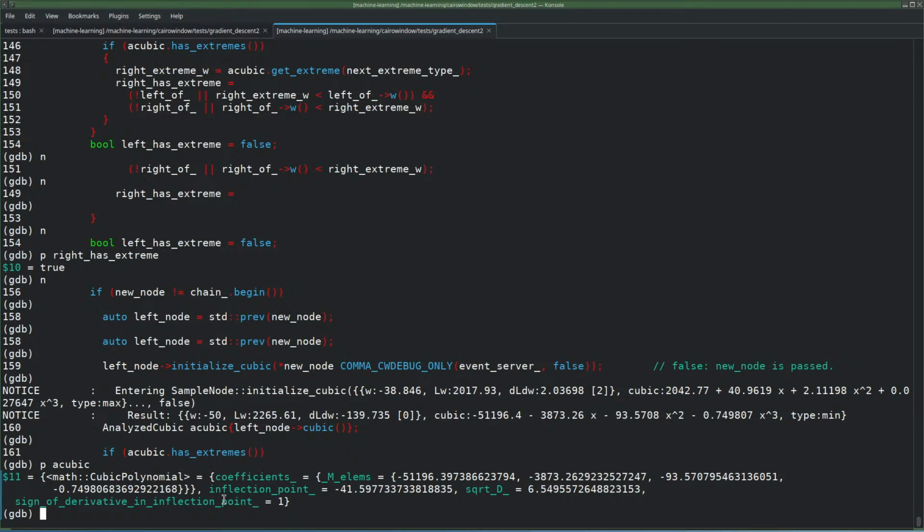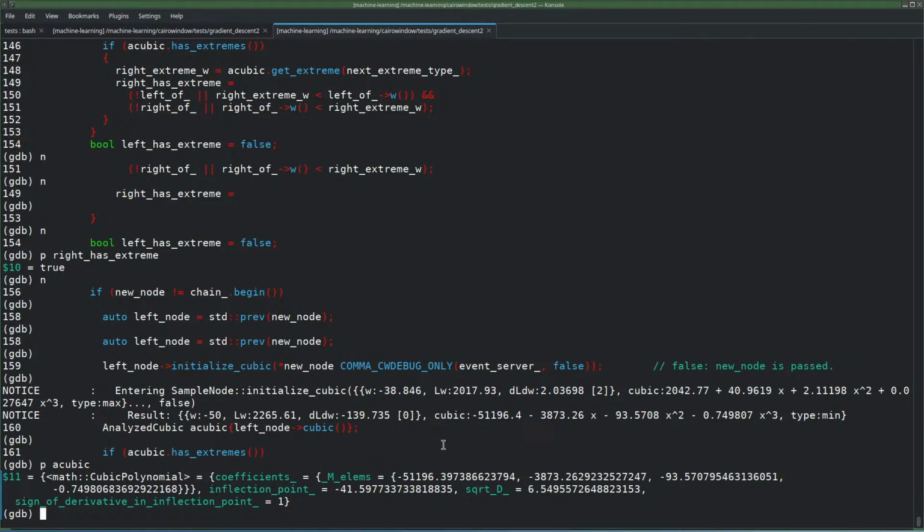Sign of derivative also correct. What kind of values are these? They look a little big. They look big to me, but okay, probably correct. I mean, it's drawing it correct too.